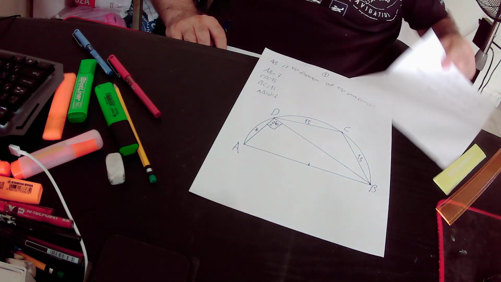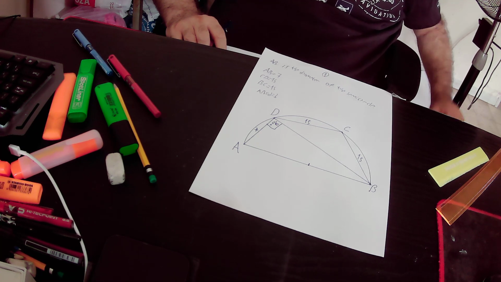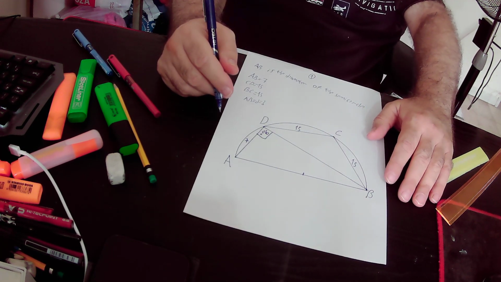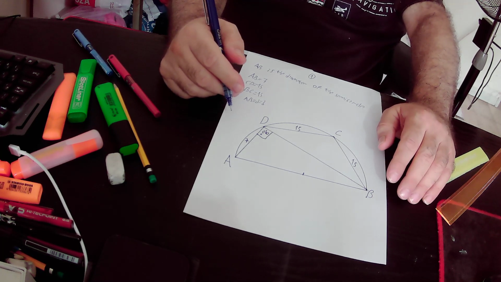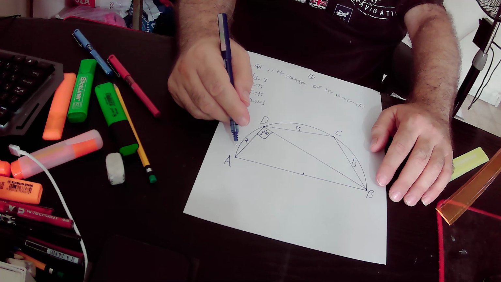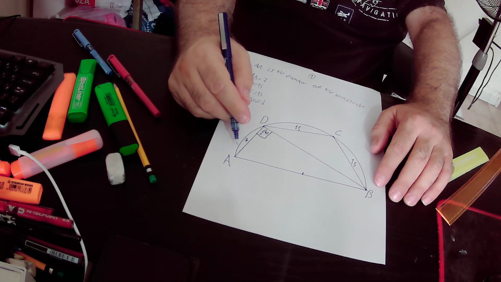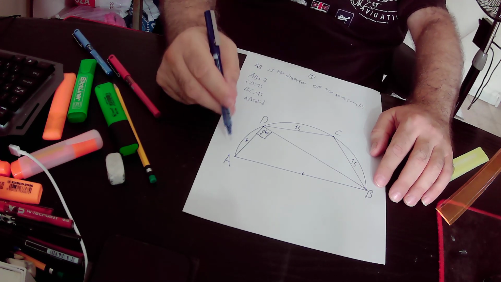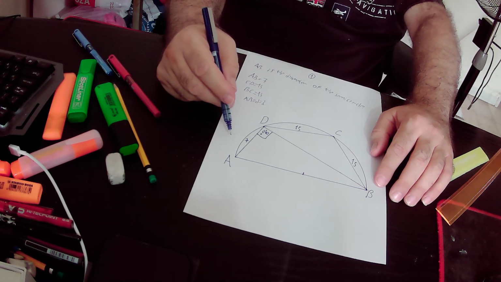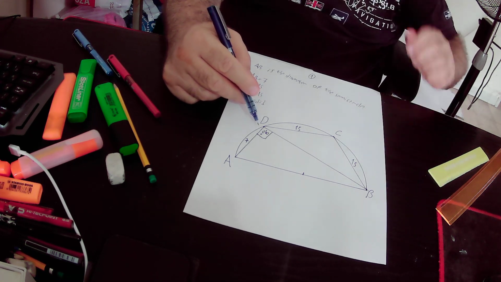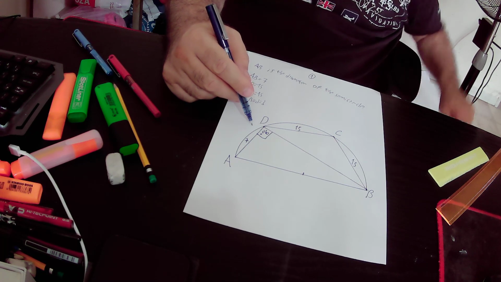So actually, angle ADB is a peripheral angle that rests on AB, and AB is the diameter of this semicircle. It has given us that AB is the diameter of the semicircle. Therefore, angle ADB equals 90 degrees according to rule number 1.